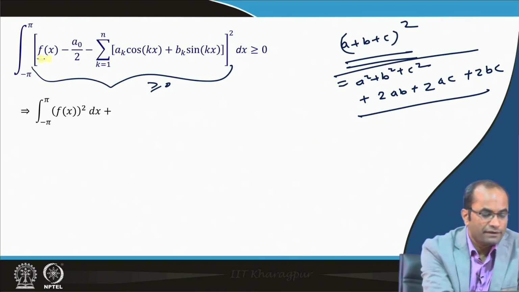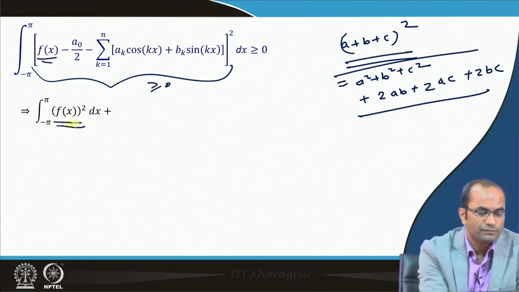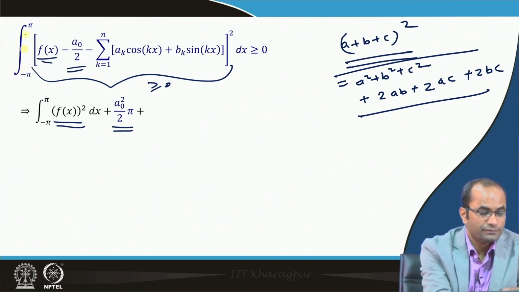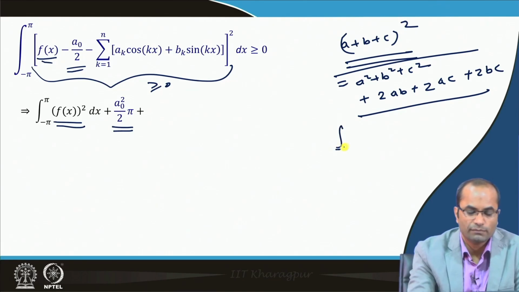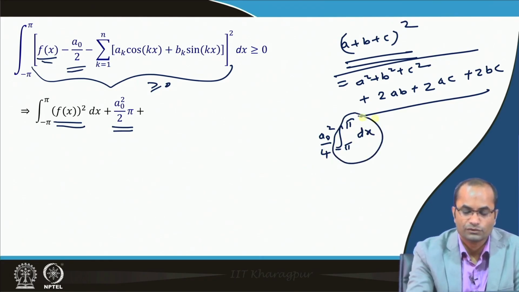First, the f x square term is there. Then we will have a naught square by 4, and then there will be the integral from minus pi to pi of a naught square by 4 dx, and from here we will get 2 pi.